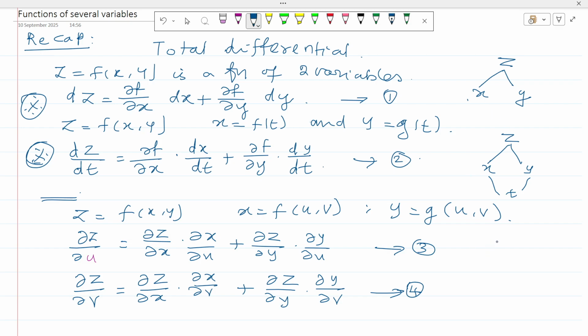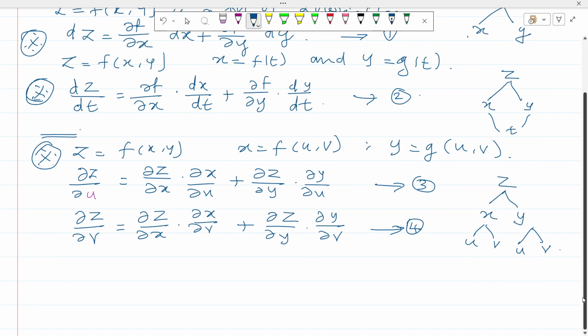So next one is z is a function of x and y, x is a function of u and v, y is a function of u and v. So these concepts we have discussed. Based on this, we can discuss one or two problems here.